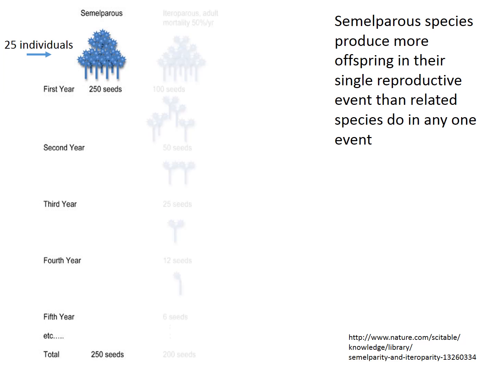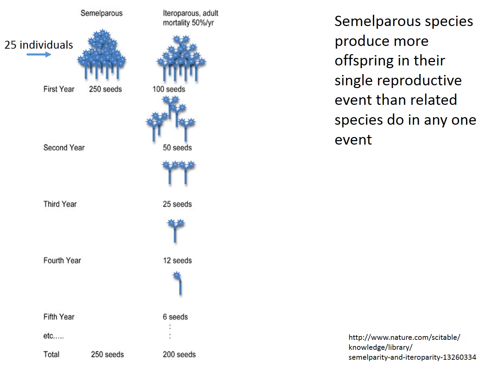Let's then imagine an iteroparous species that also starts with 25 individuals. It has a 50% mortality rate per year. Now, because this species is allocating resources to growth, survival, and reproduction, it's only able to produce an average of 4 seeds per plant at the end of each growing season. Only half of those original 25 plants then survive to the next year, and each of them will again produce 4 seeds.